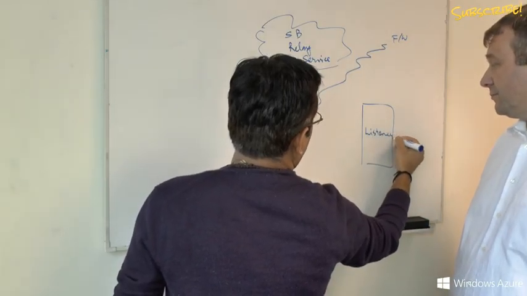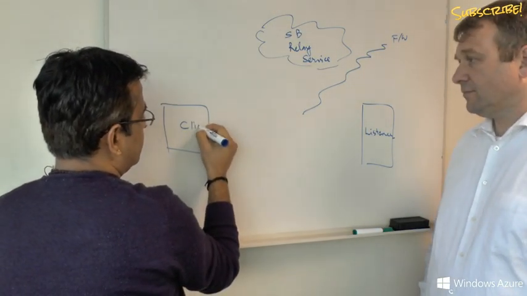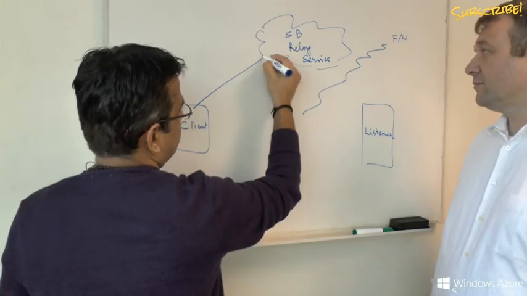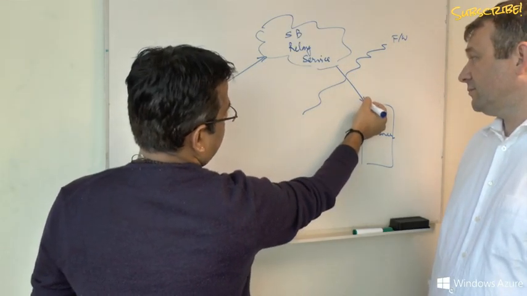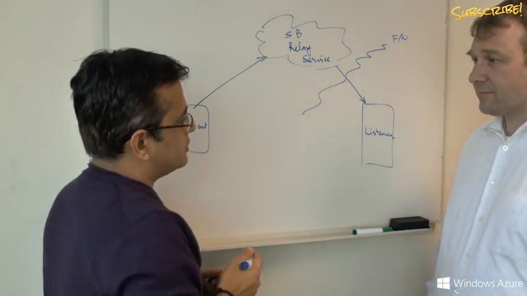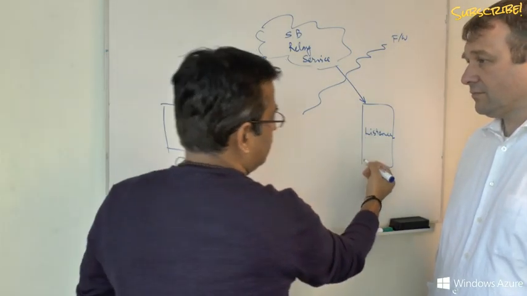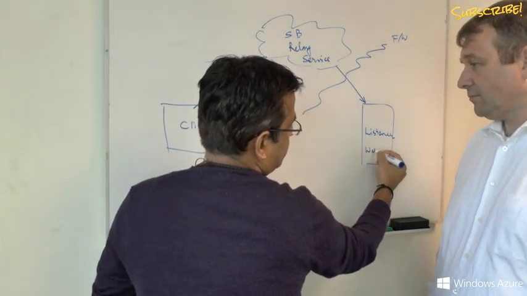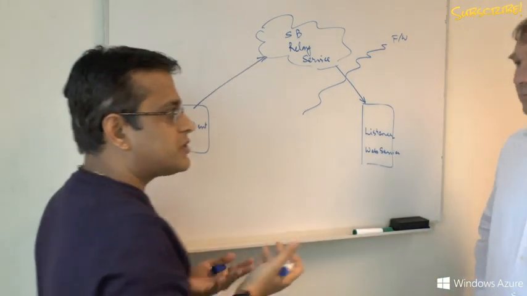And then you have a client that is trying to communicate with this service via the Service Bus relay. Now the issue becomes that invariably this service, which could be any web service, could be hosted on IIS, or it could be self-hosted.